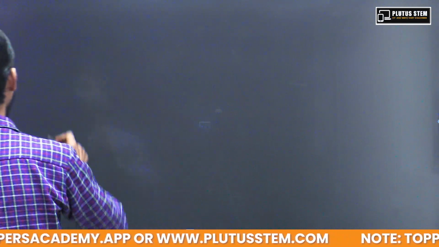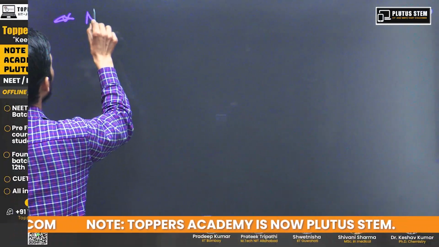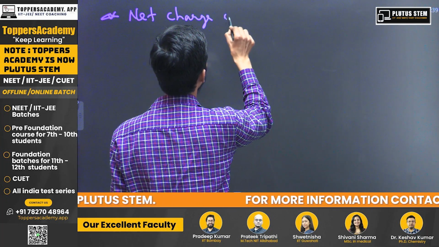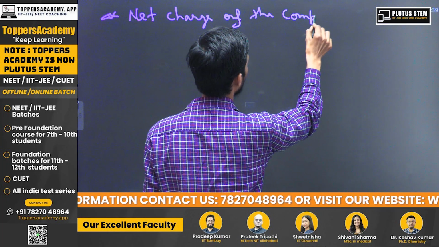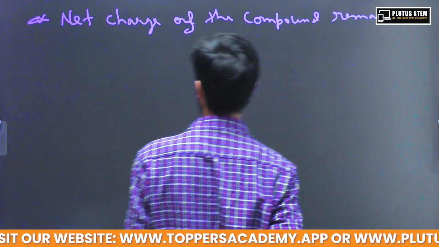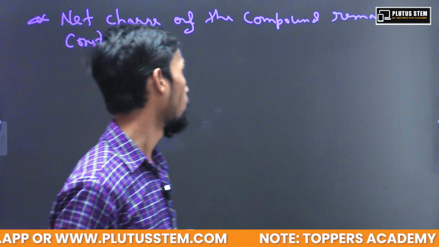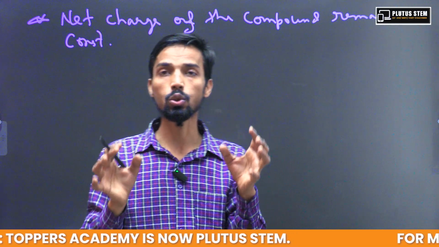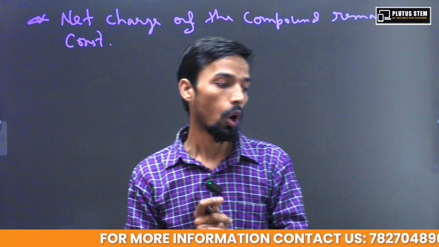And the important thing regarding this is that the net charge of the compound remains constant. The net charge which a compound has is going to be constant, which means we are not going to deviate the net charge of any compound.